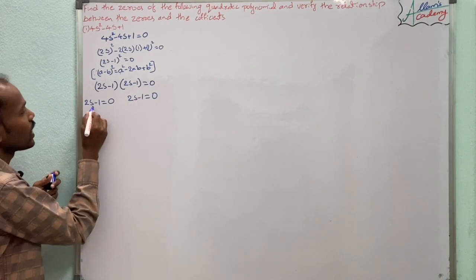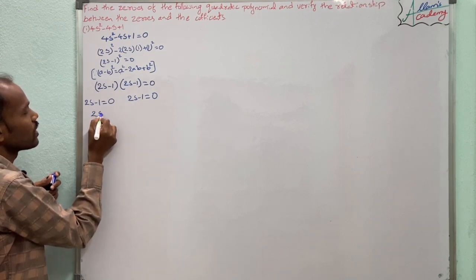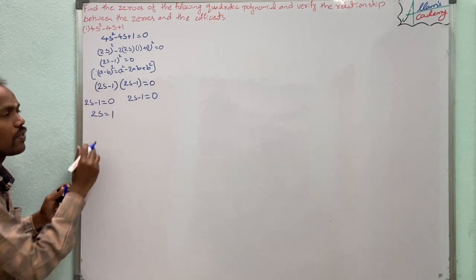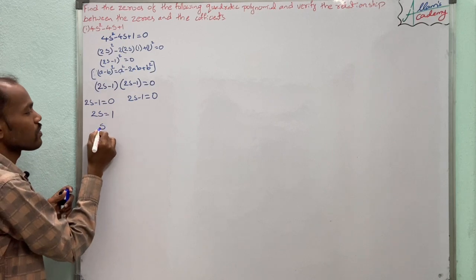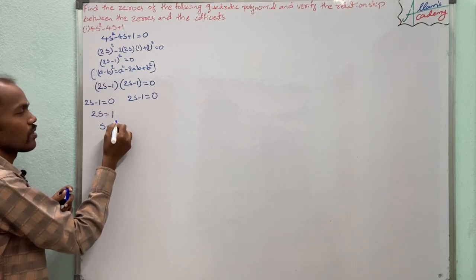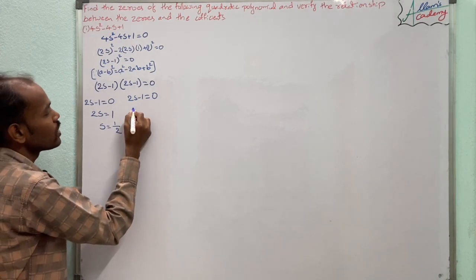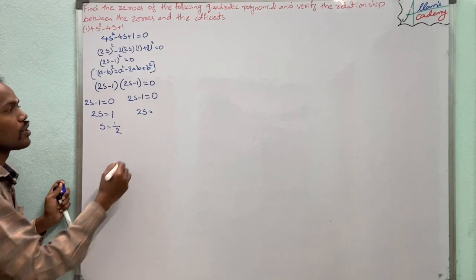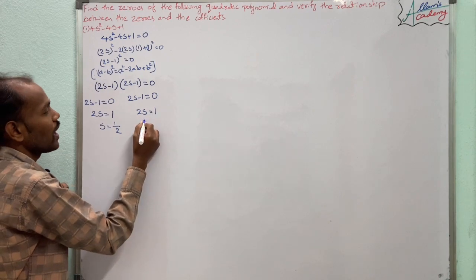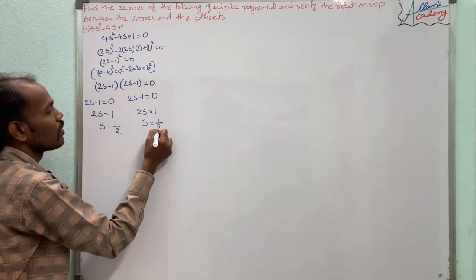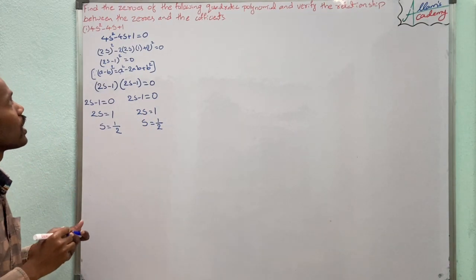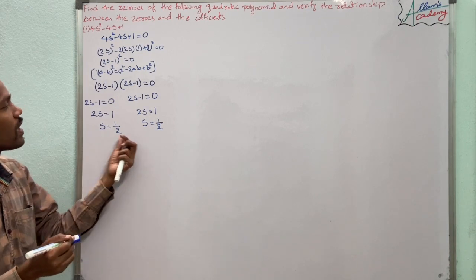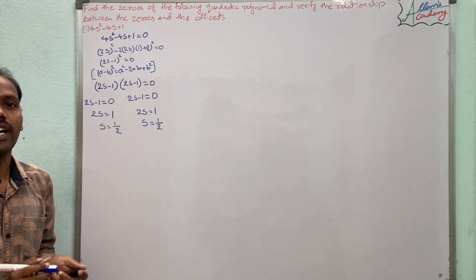Transferring minus 1 to that side, plus 1, 0 plus 1 equal to 1. The multiplication transferred to this side, so that is 1 by 2. Same here, s equal to 1 by 2. So the zeros of the polynomial are 1 by 2 and 1 by 2.